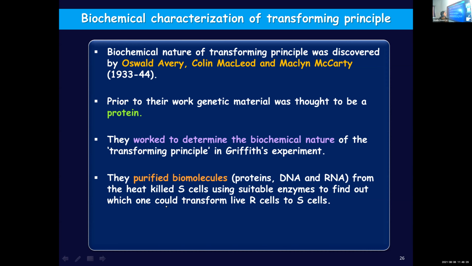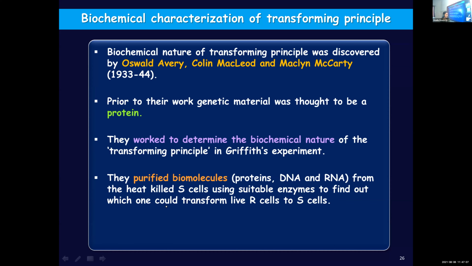They purified these 3 major biomolecules from heat-killed S strain bacteria using some enzymes. There are enzymes which help in separating these biomolecules from the S strain bacteria, and then they tried to find out which among these, whether DNA or RNA or proteins, transformed the R strain bacteria into S strain bacteria.